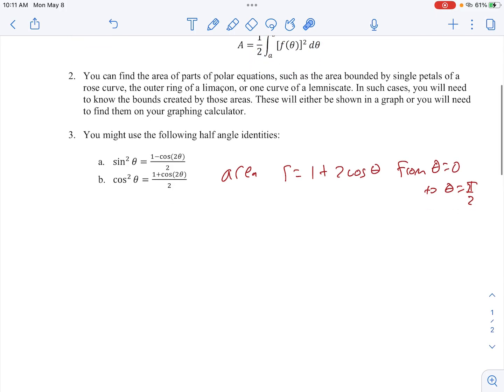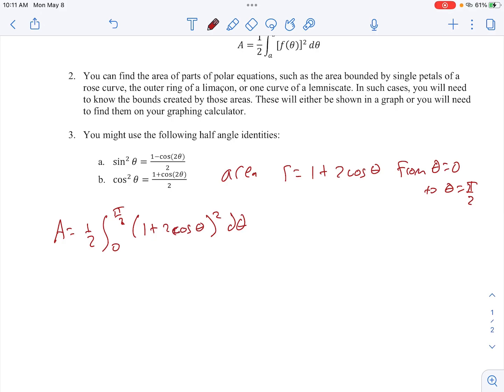So let's set this up. My area is going to be 1/2 the integral from 0 to pi halves of our function, 1 plus 2 cosine of theta, all squared, d theta.